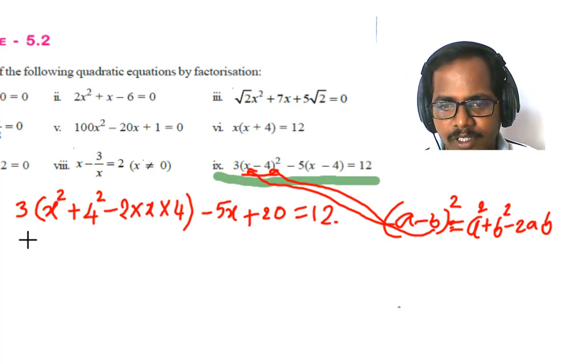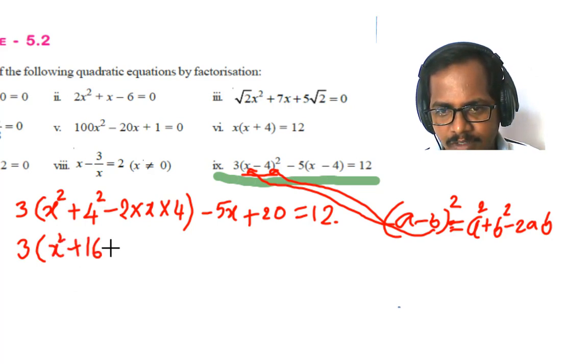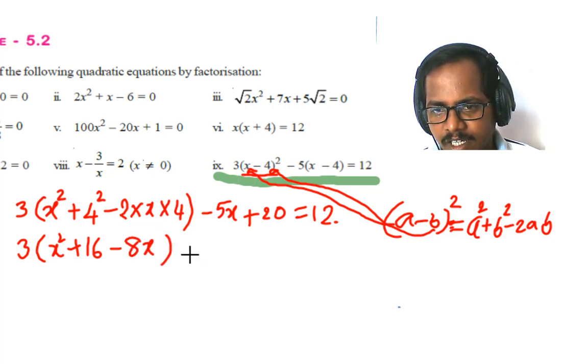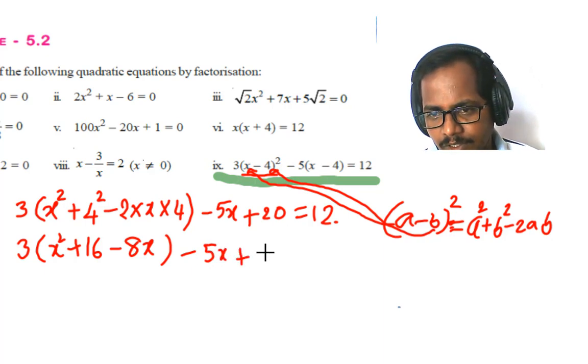Now let's simplify. Here inside the bracket we get x square plus 4 square which is 16, minus 2 4s are 8 into x, and minus 5x plus 20 equals 12.